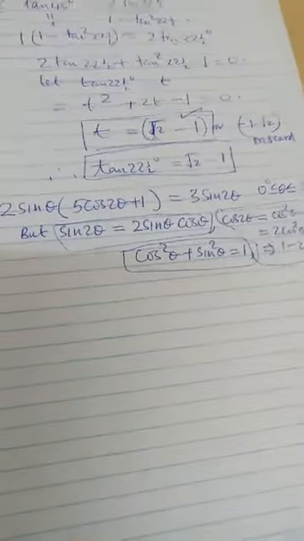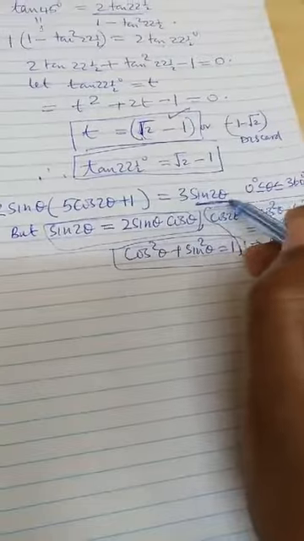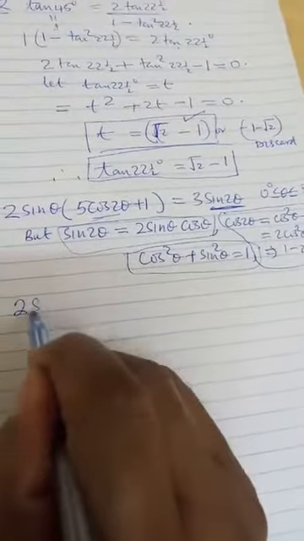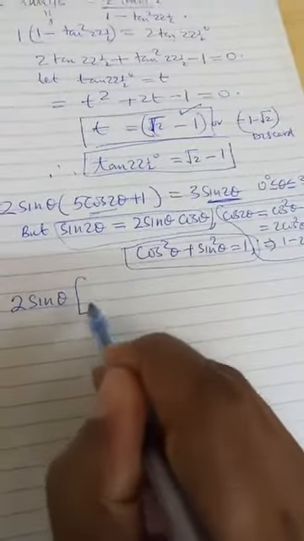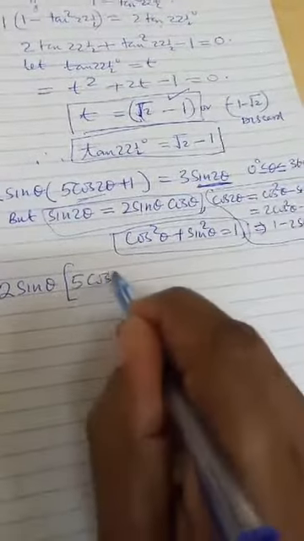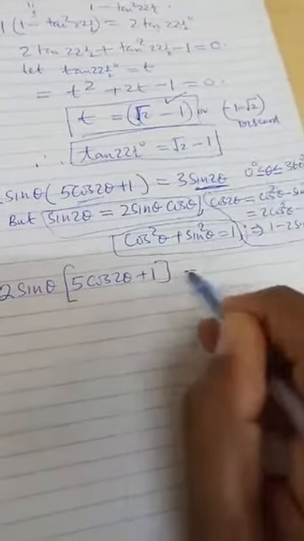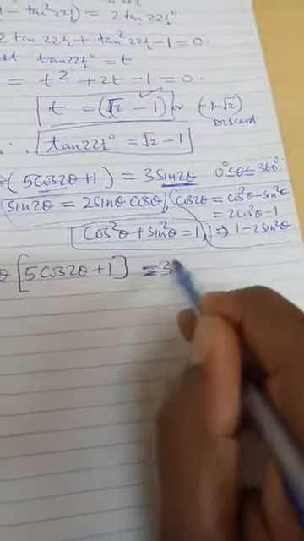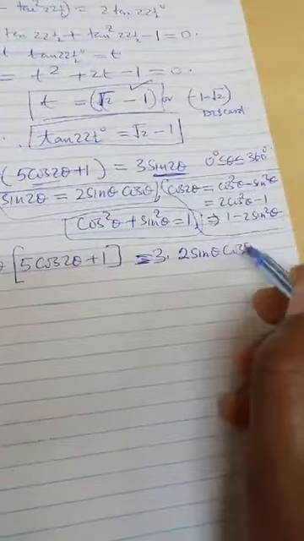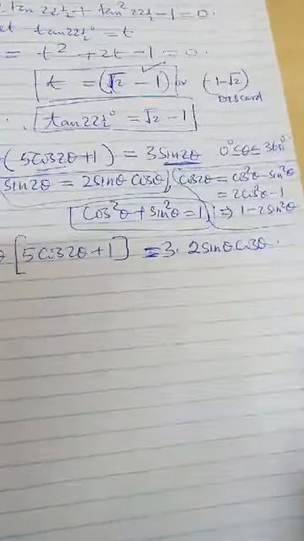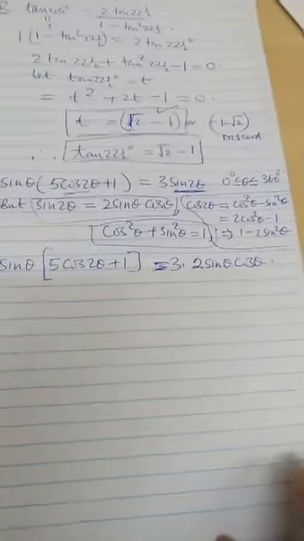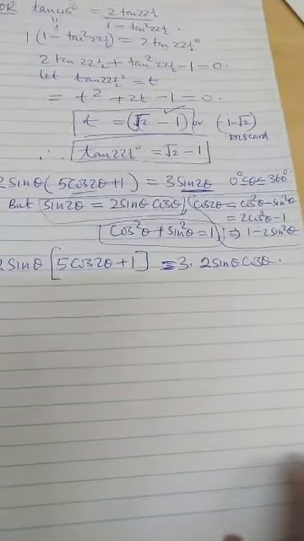So I'll begin by substituting in for sine 2 theta and later for that one. So it means I will have 2 sine theta, into 5 cos of 2 theta, we can first leave this, plus 1, should be equal to 3 times 2 sine theta cos theta. At that stage, we can choose.